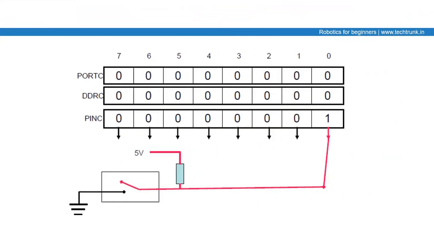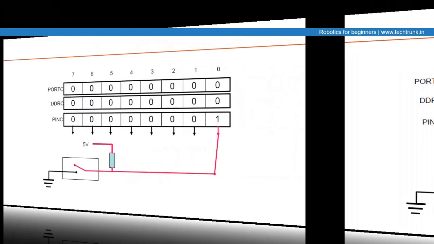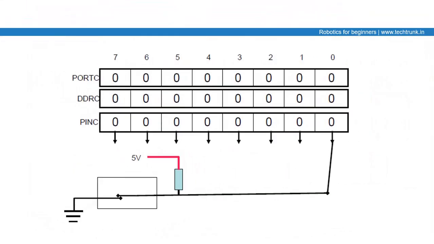For example, let's say we have a switch connected to ground and 5 volt, and it is connected to one of the pins of port C where the ADC is connected. If the switch is off and the input is pulled up, we'll get a value 1, and if the switch is pressed, we'll get value 0.